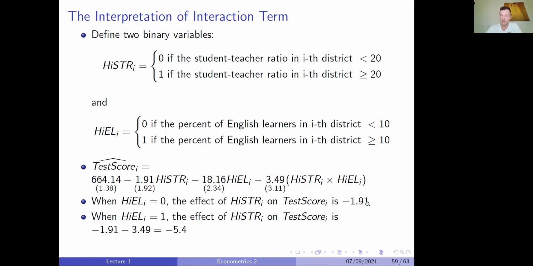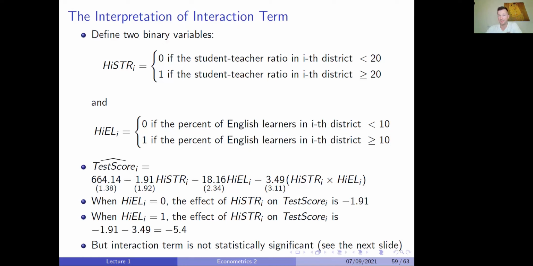And we see this from the numbers. But the problem is that the interaction term is not statistically significant. So we cannot tell that this interaction term matters, and that this effect is different in districts with large and small immigrant communities.